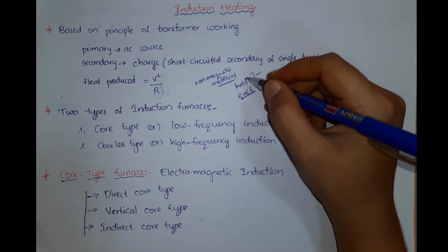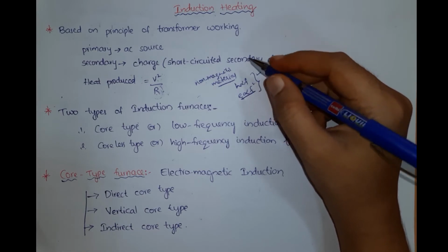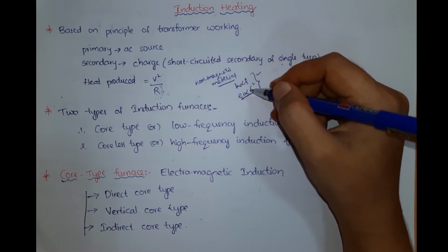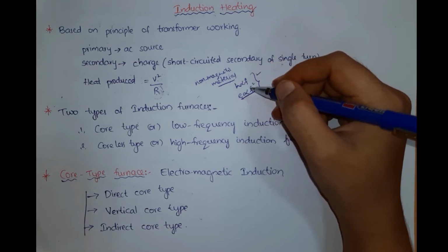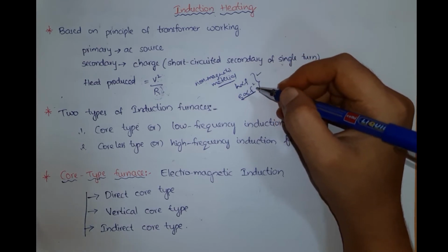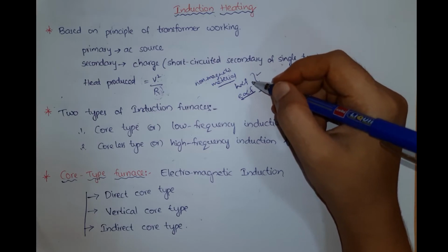So now at this point we can say that the higher the supply frequency, the lower is the depth of penetration. What is this depth of penetration? Depth of penetration is nothing but the extent to which the heat is passed through the particular material.